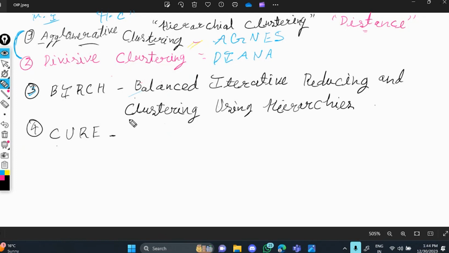Divisive clustering. Okay. Have you got the point of agglomerative clustering? What is agglomerative? What do we do in AGNES? Piyush?